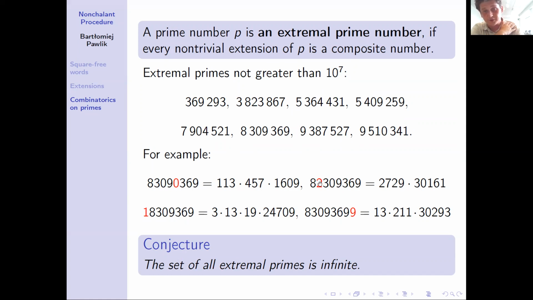I just showed you a few examples because showing all the extensions would take a lot of space. We conjecture that the set of all extremal primes is infinite.